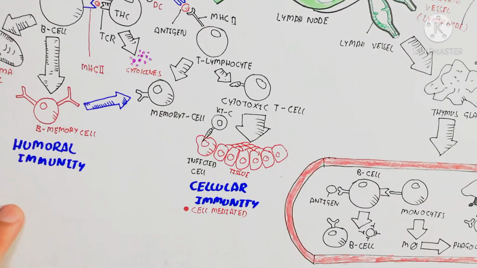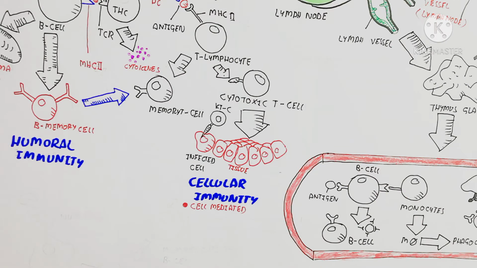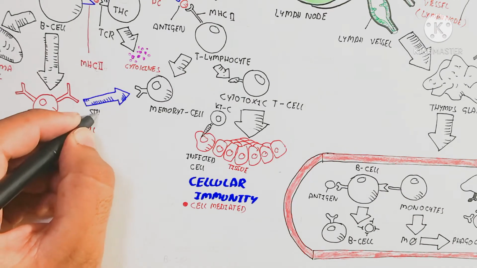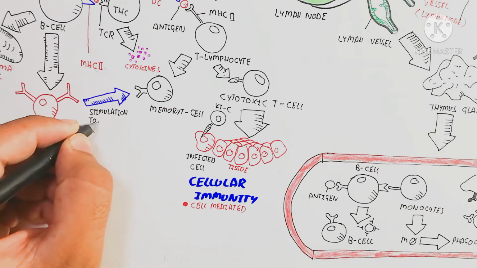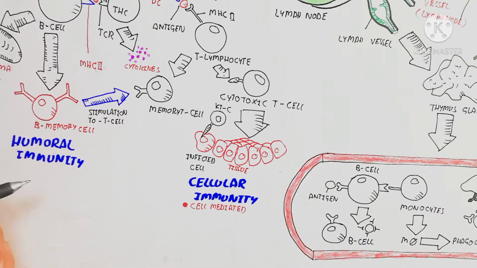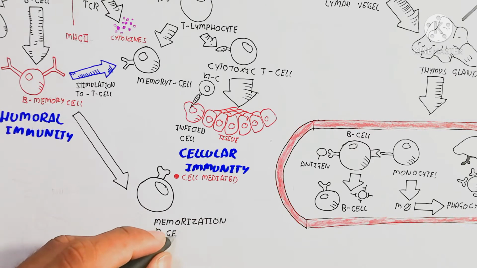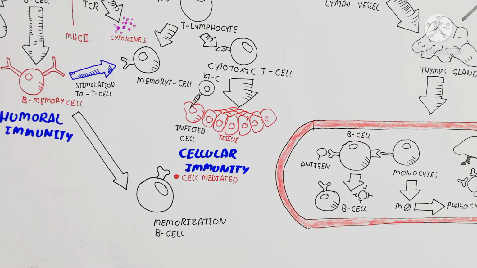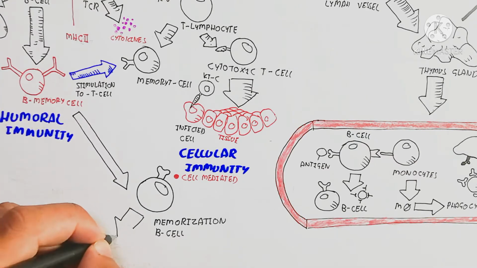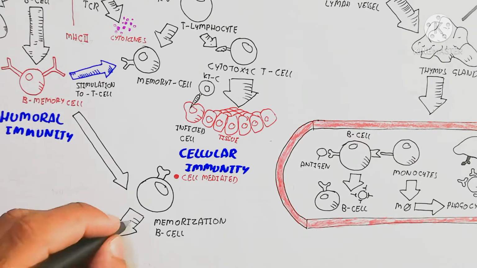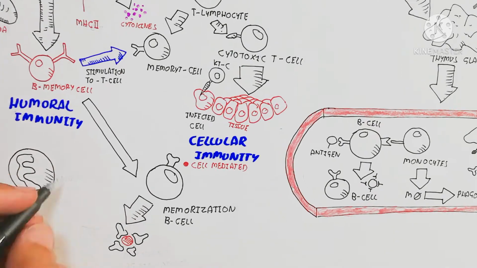This antibody antigen complex formation kills the pathogen, and the killing is by different mechanisms. We will discuss opsonization and the complement system in the immune system, which is also an integral part of this immune system.